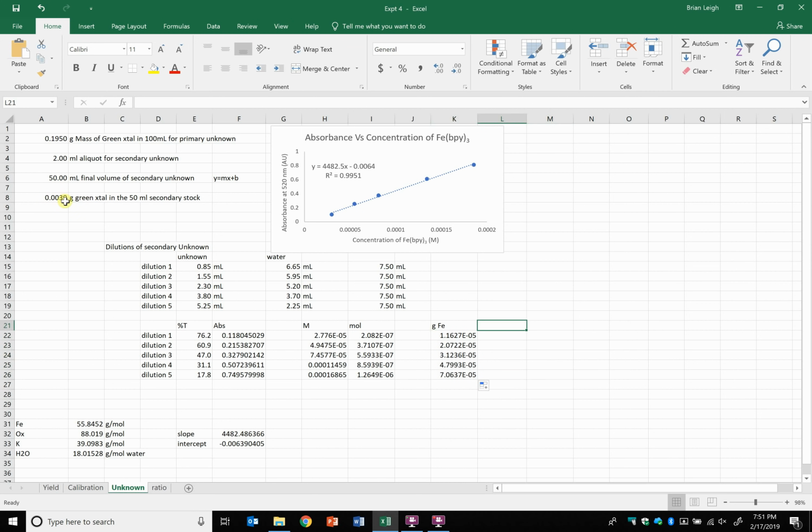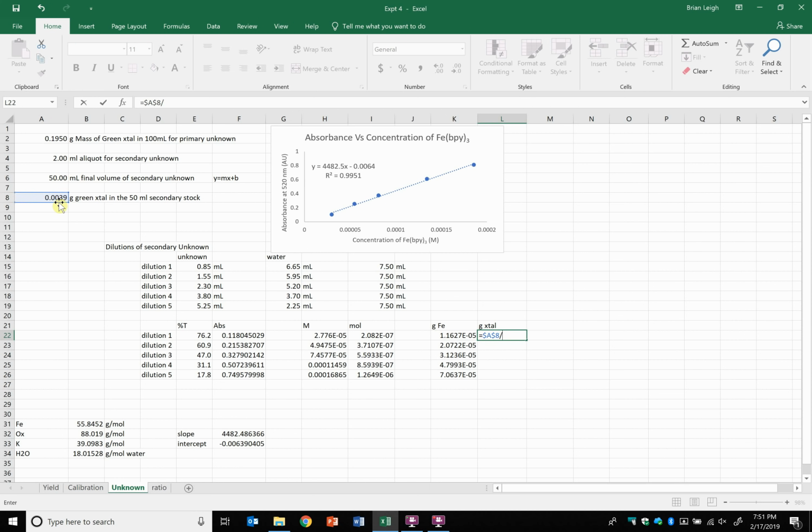Now we also calculated the number of grams of green crystal. So we're also going to want to know the grams of that green crystal that made it into each one of those dilutions. And that's not really a hard calculation either, right? We have this 50 ml solution of green crystals, which I'll lock with an F4.